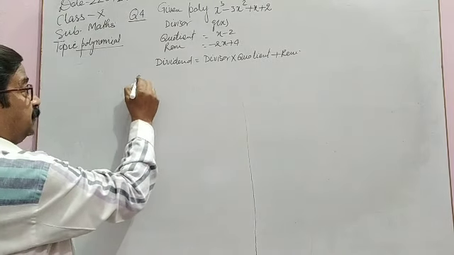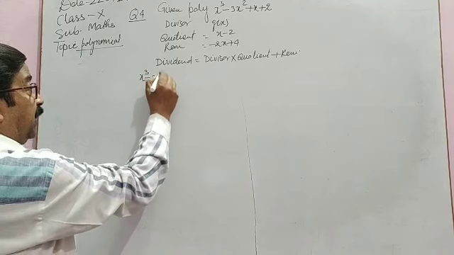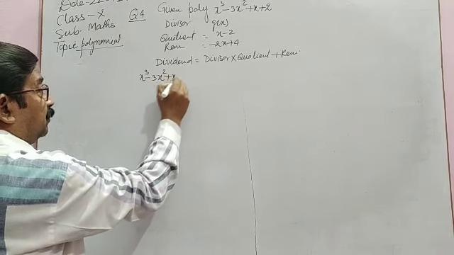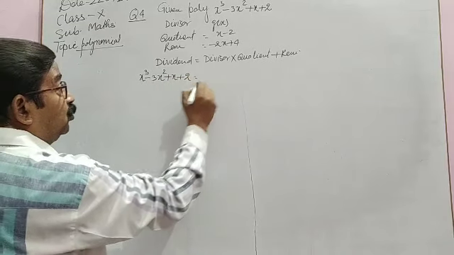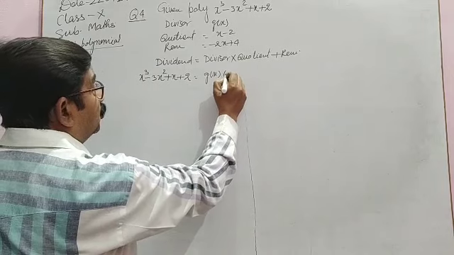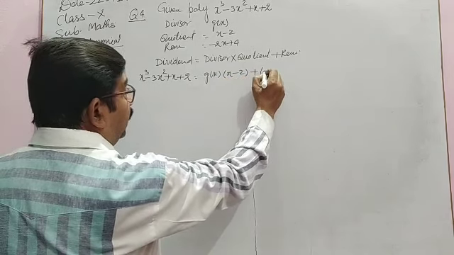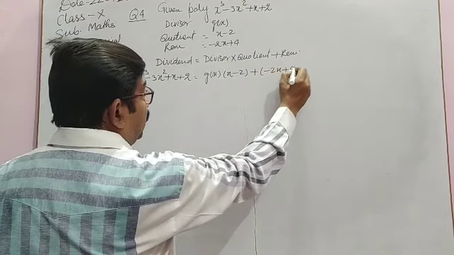Let's see, this is x cube minus 3x square plus x plus 2. Divisor is g(x) into quotient is x minus 2 plus remainder is minus 2x plus 4.